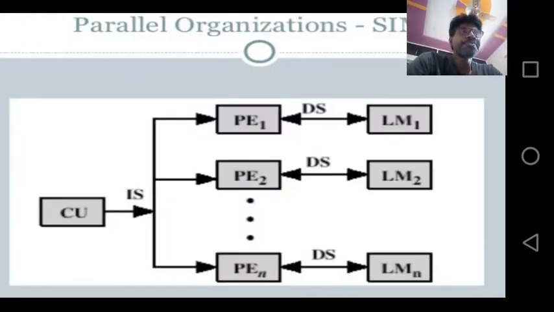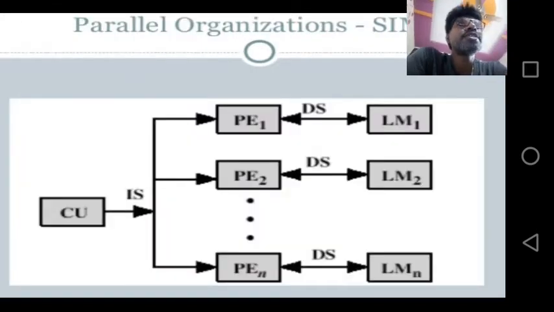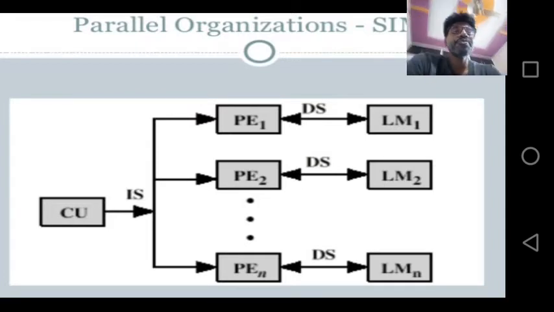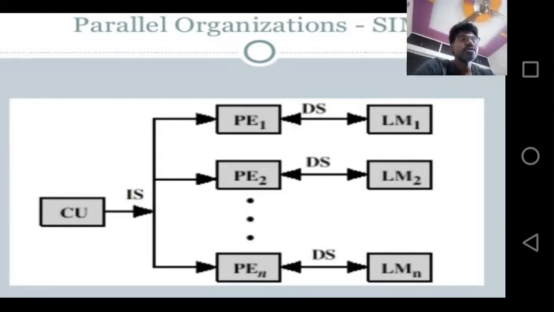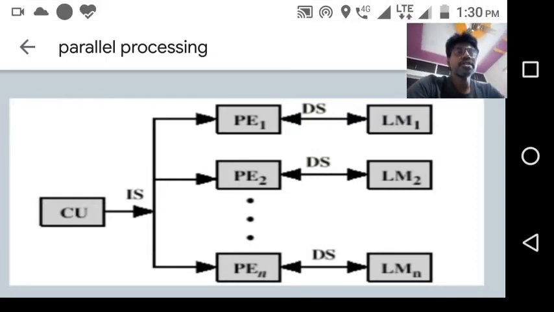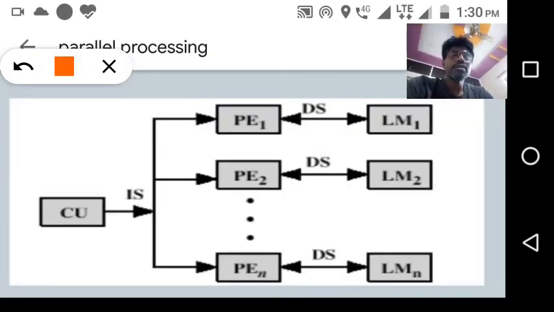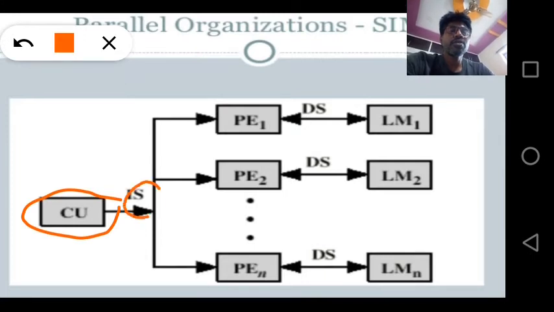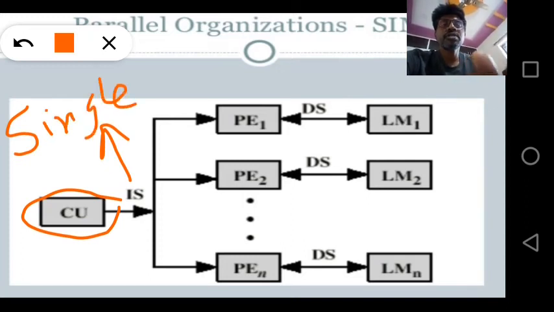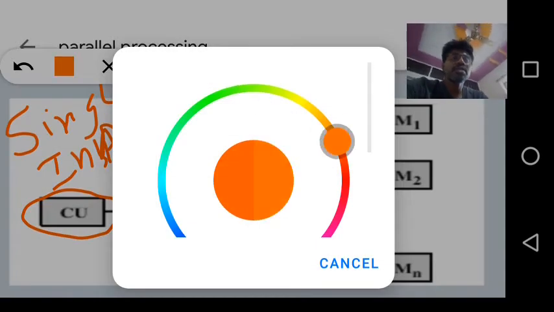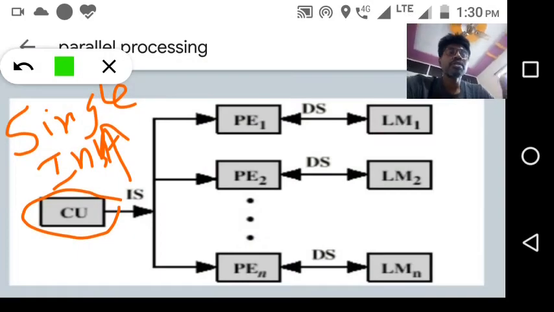Now let's try to understand the picture of how a SIMD computer would be. As you might have seen in the diagram, we have one control unit, one single instruction, and a number of processing elements.